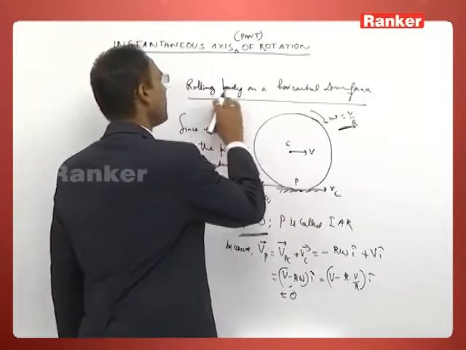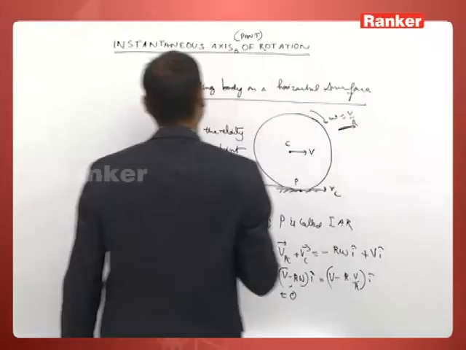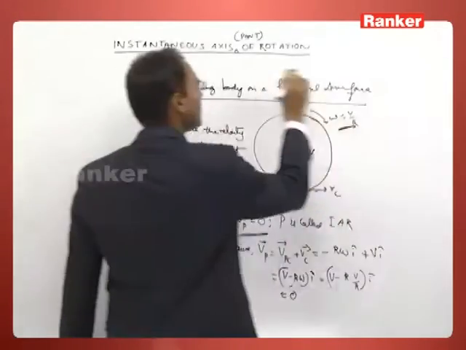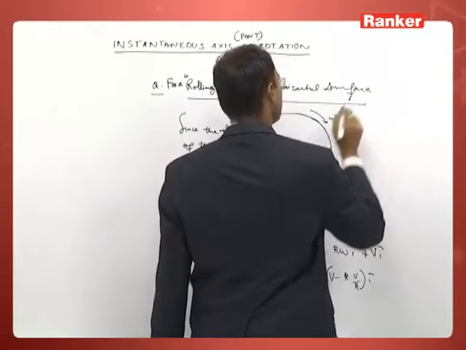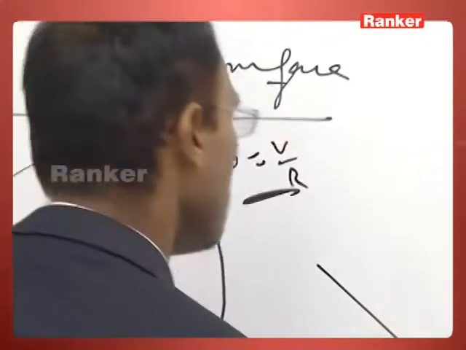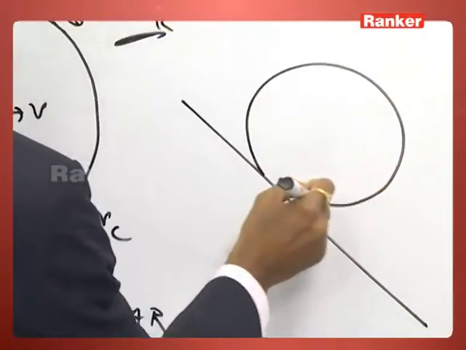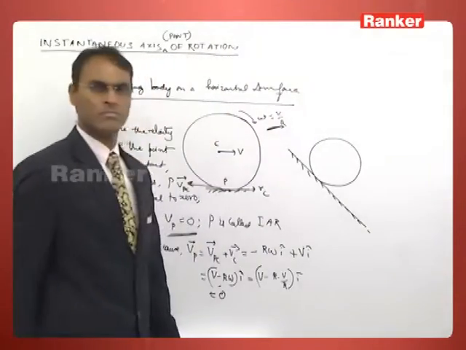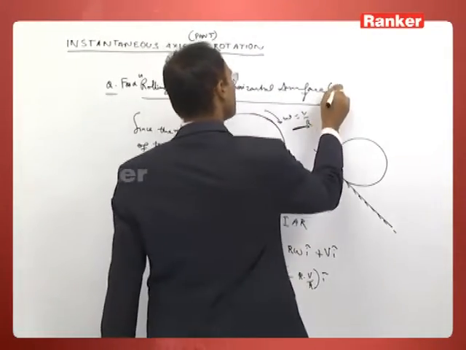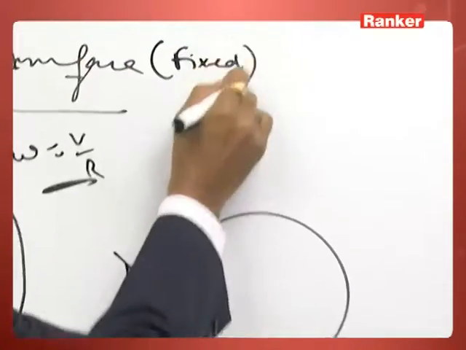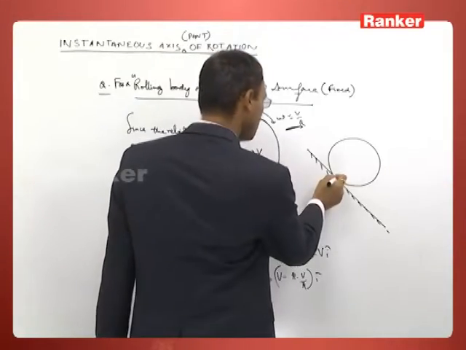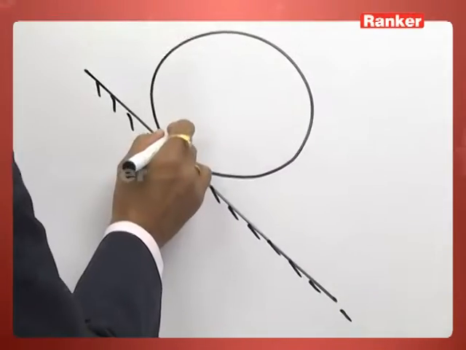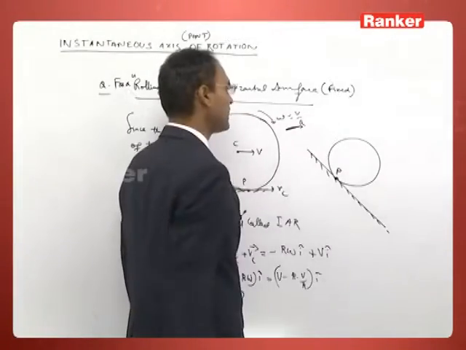Therefore, for a rolling body on a horizontal surface or inclined surface, and the surface must be fixed, the instant axis of rotation is the point of contact.